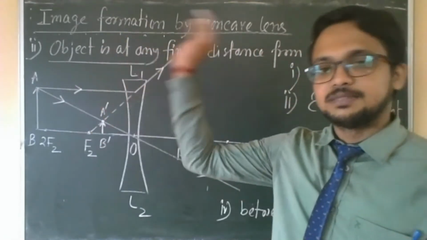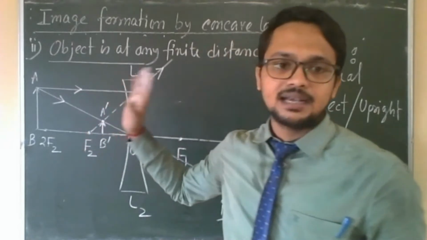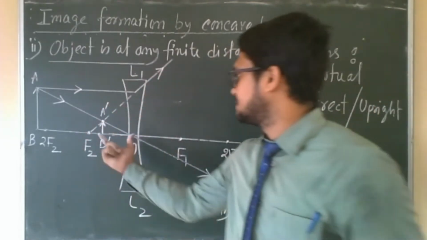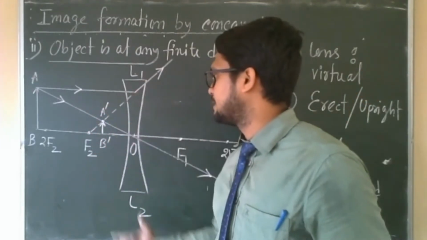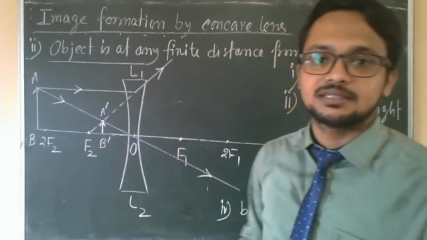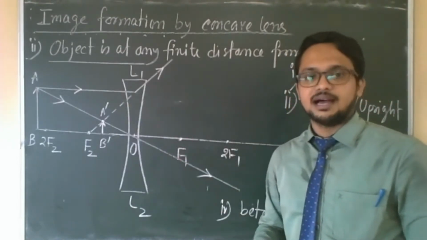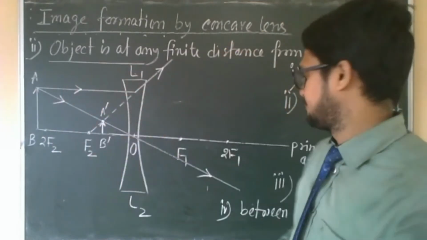When you keep the object at infinity, you will get the image at the second focus. For that reason, I told you the focal length is the maximum distance for the image in case of a concave lens. Otherwise, the image distance will be smaller than the focal length.